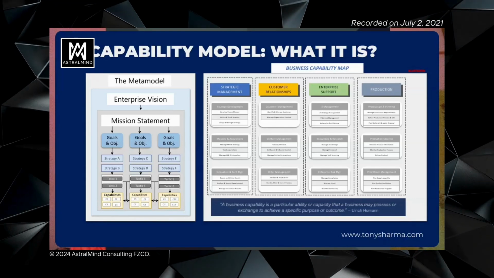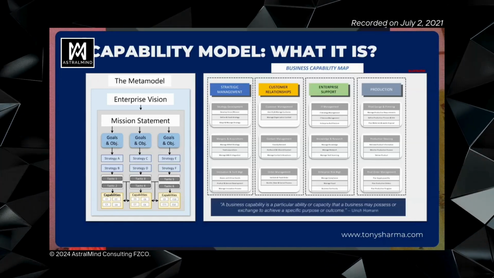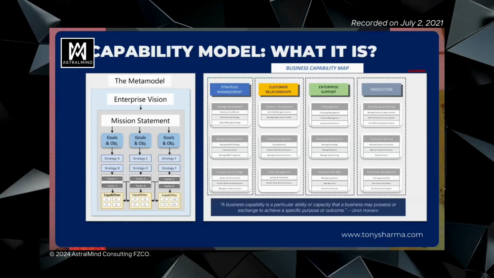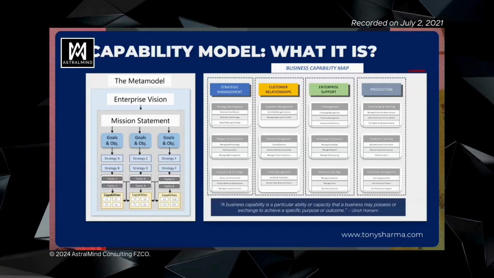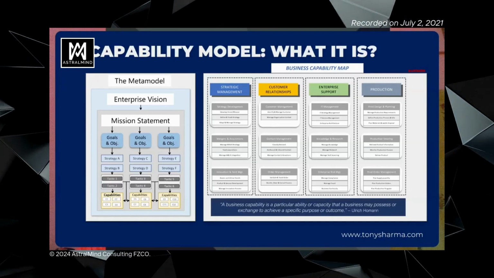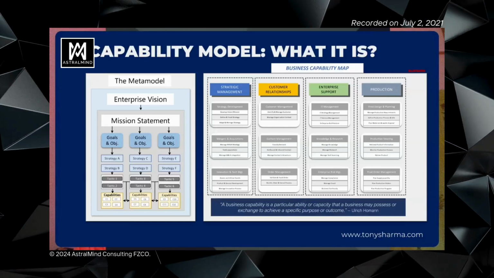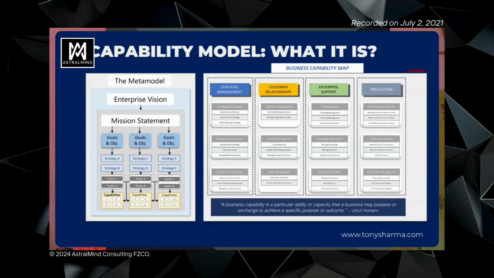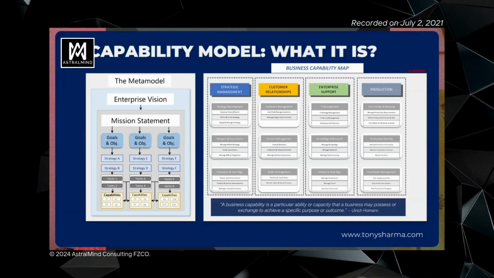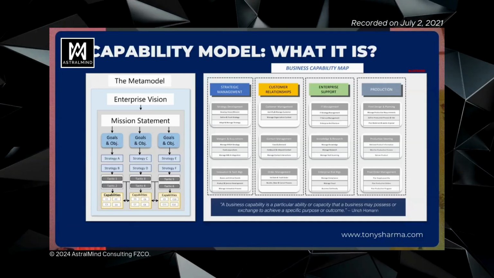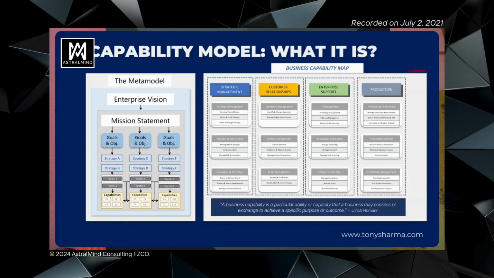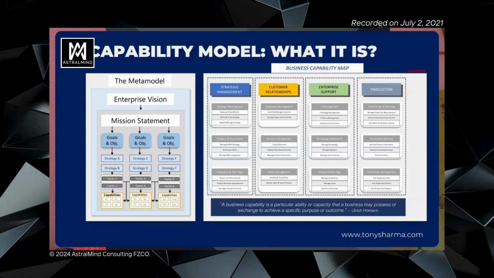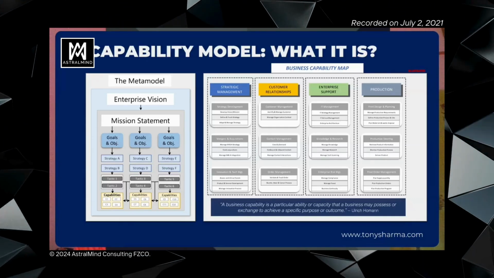On the left hand side is what is called a business motivation model. So you start with an enterprise vision, which feeds your mission, which gives you the mission statement. Mission is divided into goals and objectives. Goals and objectives have different strategies. The strategies are executed through tactics, and tactics use business capabilities at the end in order to drive the strategies.